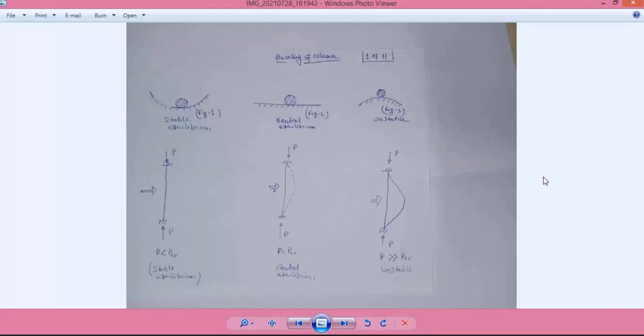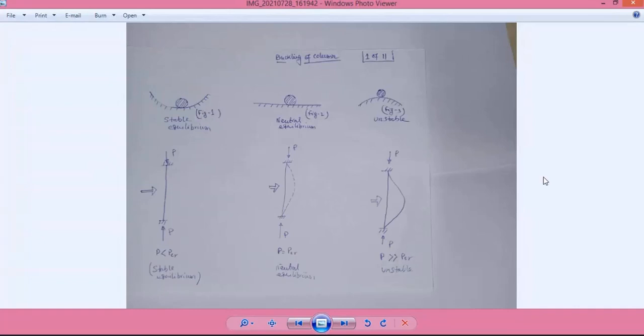That means if we have a column with an increasing compressive force P, if we give some horizontal disturbance or horizontal force on this column, and if we remove this horizontal force, it comes to its initial position only when the value of P is less than a certain value.